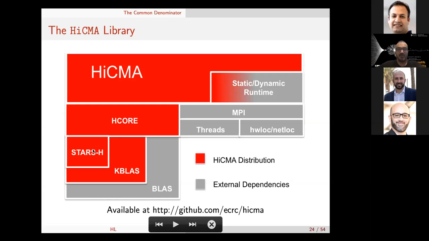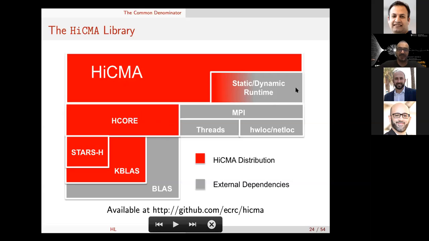We have also other boxes here. StarsH is a library that generates the compressed matrix from a given matrix kernel. HCore contains the monolithic sequential kernels that the HICMA drivers will operate on.